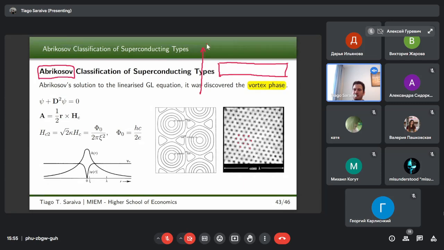This is your magnetic field. So eventually you will have some lines of field penetrating this. And the magnetic field around this lattice decays under the London penetration length. It's like this.